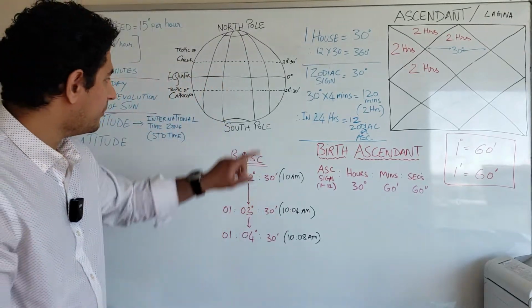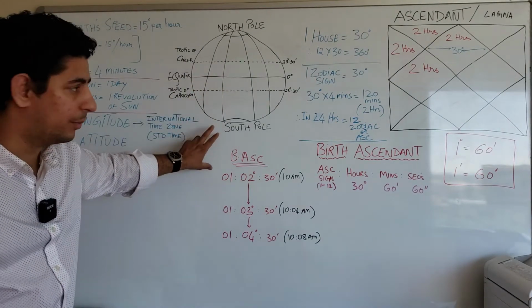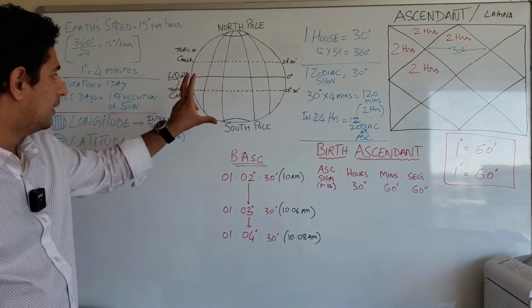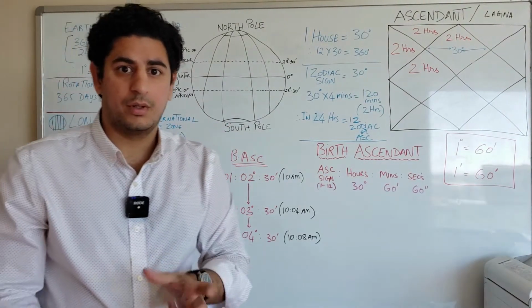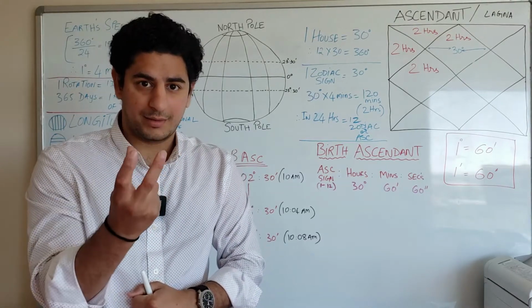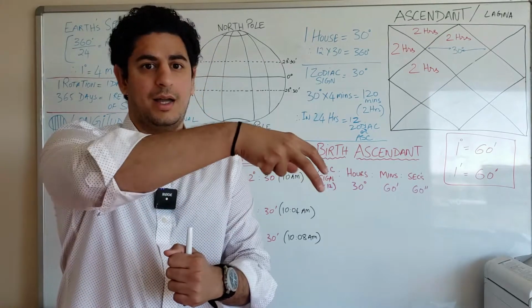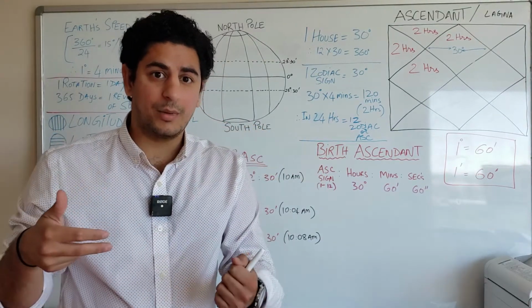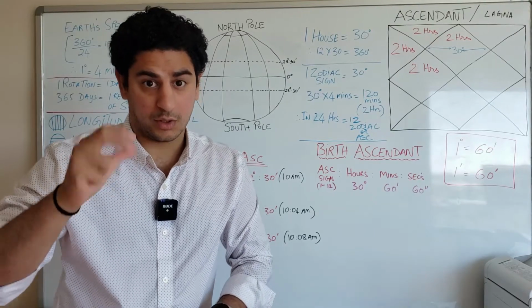Before that, this is Earth, which I have drawn over here on the board, and Earth has three movements. Let's understand what the Earth's three movements are. The first movement is that Earth rotates. The second movement is Earth revolves around the sun, and the third movement is Earth tilts from North Pole to South Pole.